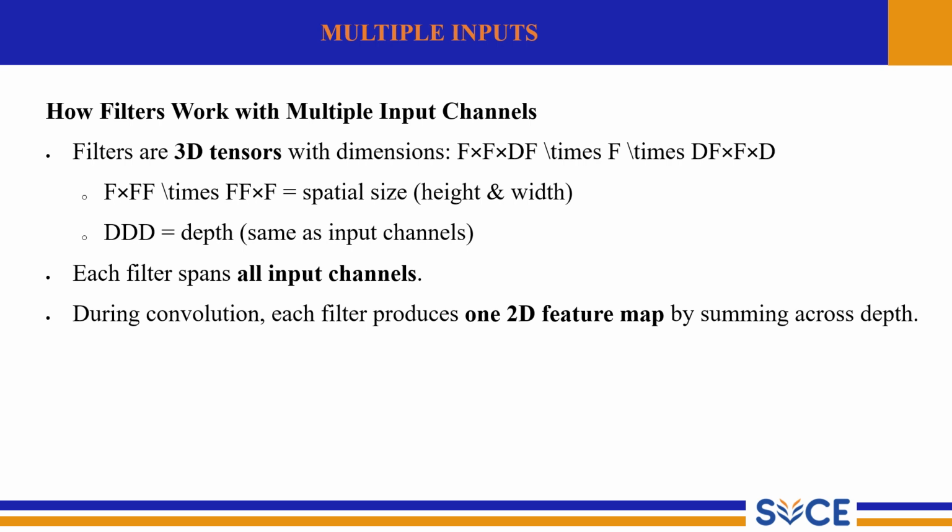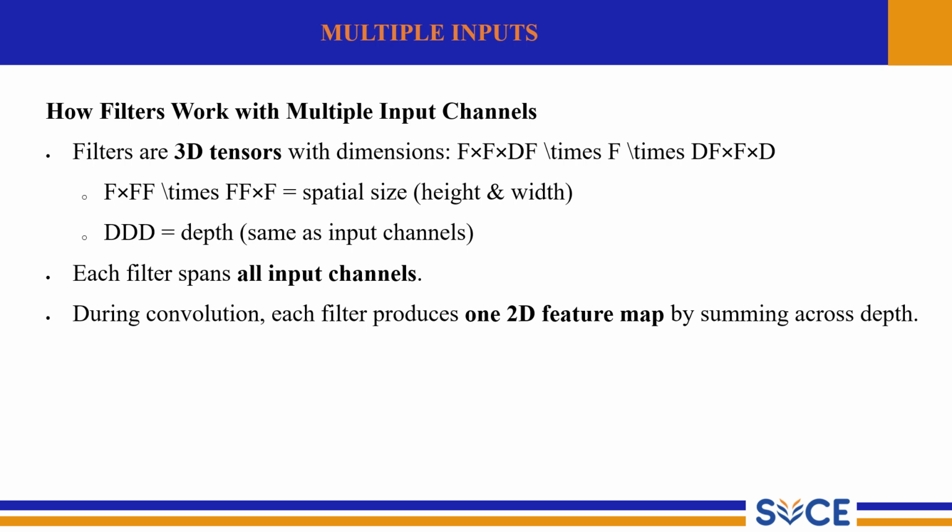The dimensions of a filter are f into f into d, where f cross f represents the spatial size of the filter, height and width, and d represents the depth, which is the same as the number of input channels. Each filter spans all input channels, meaning it looks at every channel simultaneously.